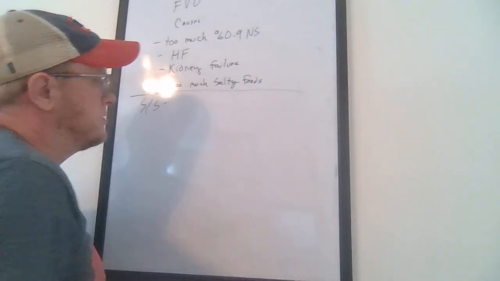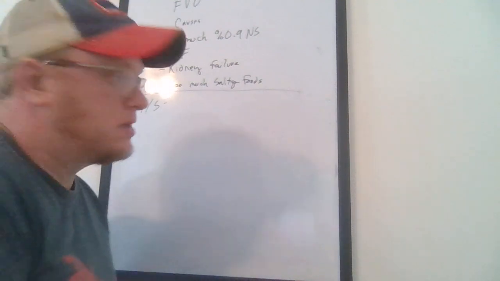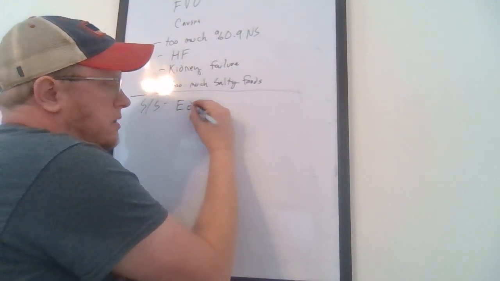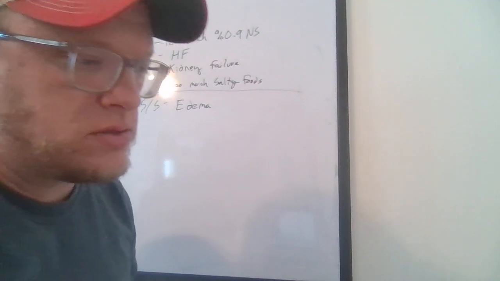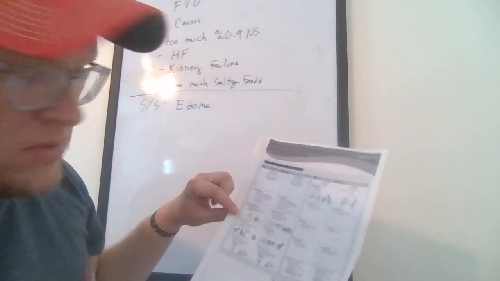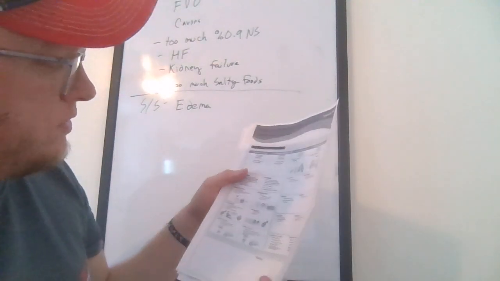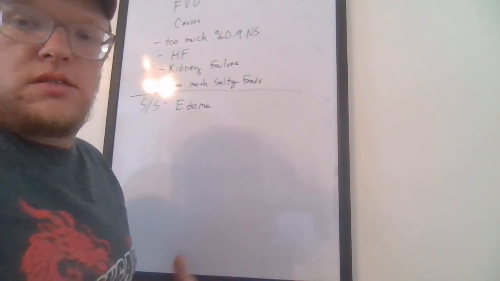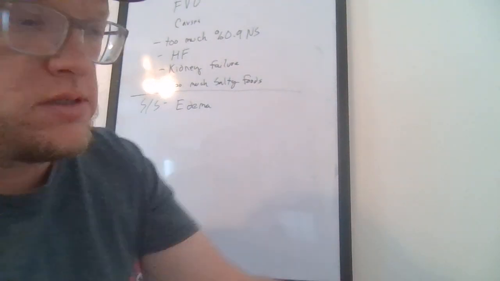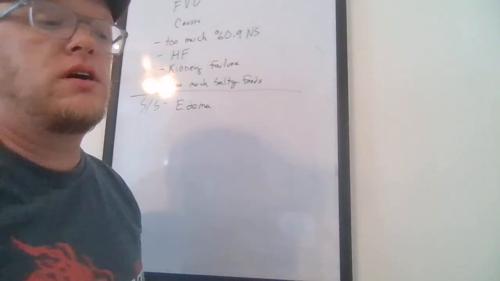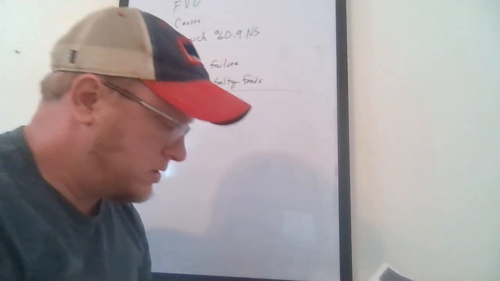Signs and symptoms. They're going to have some edema. He gives good pictures on this. I know you can't see it in this, but if you're looking at yours, he's got a picture of a guy whose whole body is just full of fluid on the inside. He's kind of like a balloon, swollen up with a whole bunch of fluid.